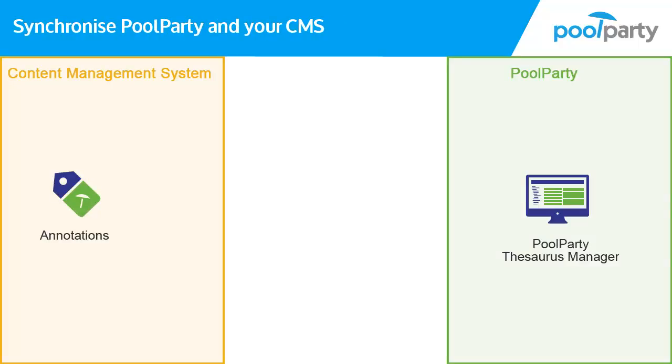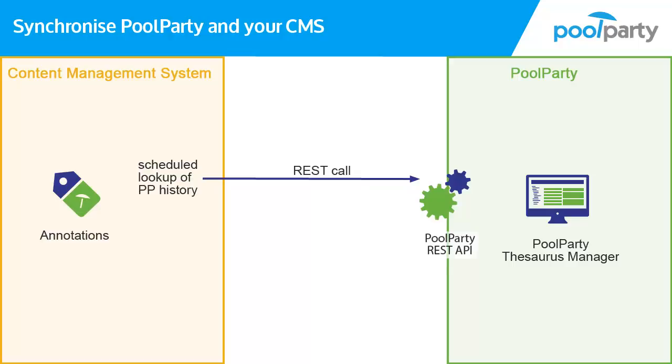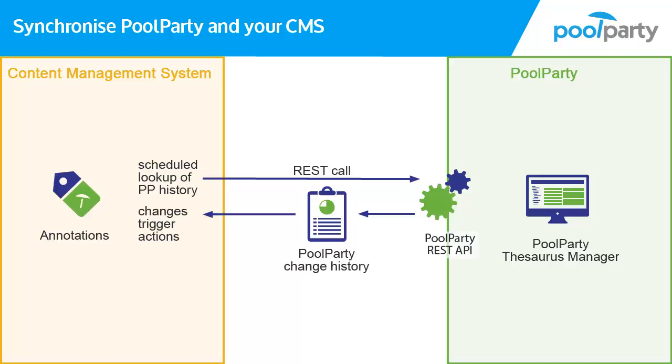The recommended synchronization strategy is to set up a scheduled lookup in your content management system. Your content management system will regularly call the PoolParty Thesaurus API to receive the change history of your PoolParty taxonomy. Every change to your taxonomy should trigger a specific action in your content management system to ensure that your tags are aligned with your taxonomy.